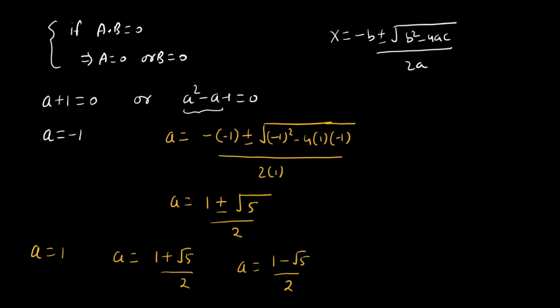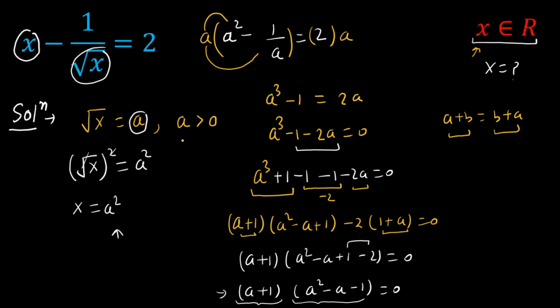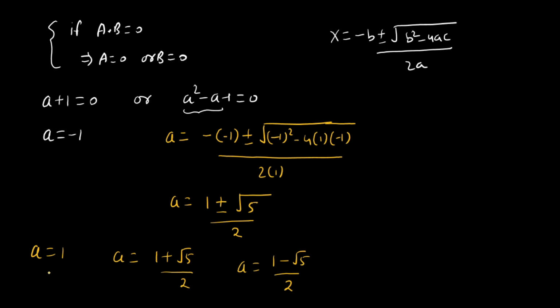But we know that a is greater than 0. Then here the value of a is −1, so this case is rejected because a cannot be negative. Now here √5 is greater than 1.